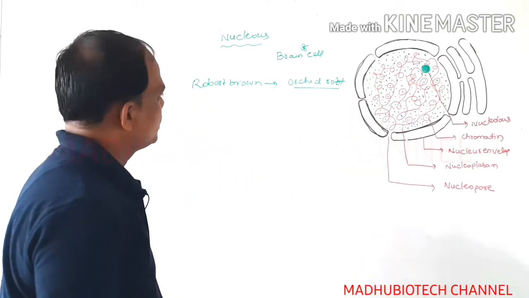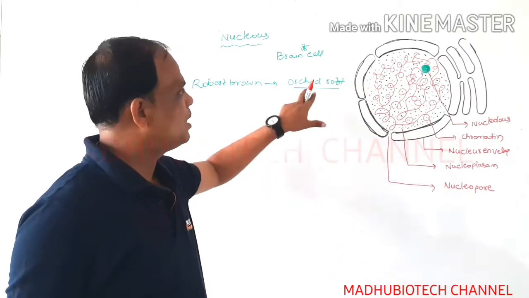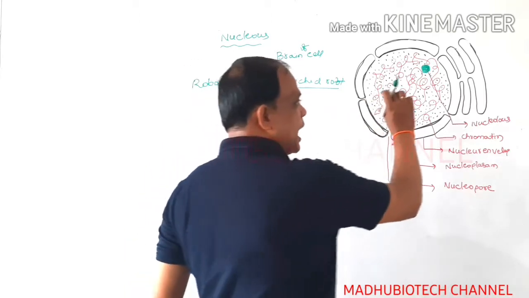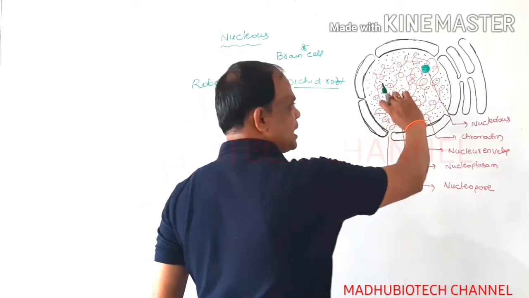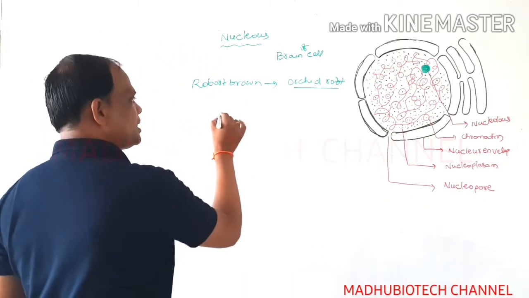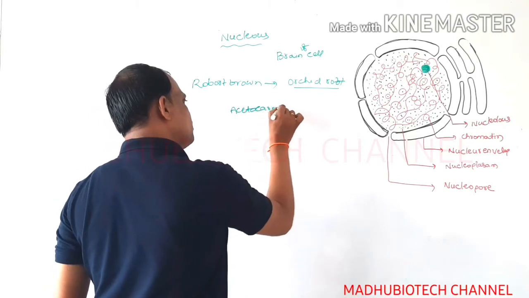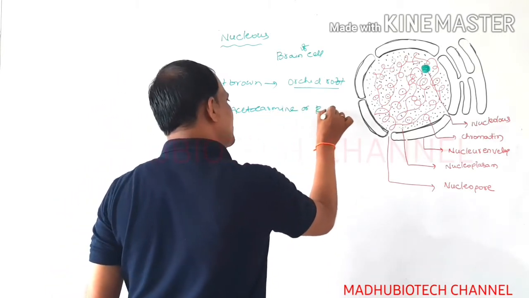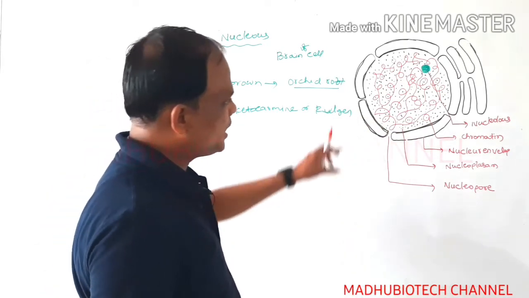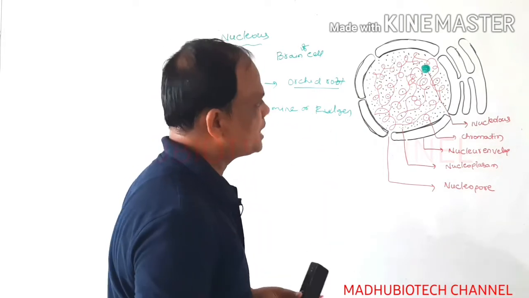Then, using different types of stains and pigments like acetocarmine or Feulgen, the nucleus looked very different under staining. That stained material is called chromatin.